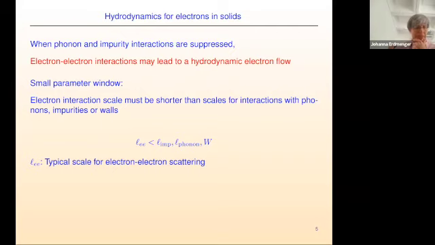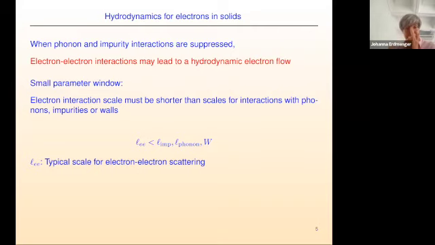Okay, so for the quark-gluon plasma, it's quite straightforward to write down a hydrodynamic theory. But for electrons in solids, it's more complicated because they're not there alone by themselves. There are all these other things like the lattice, so this metal is made out of a lattice.